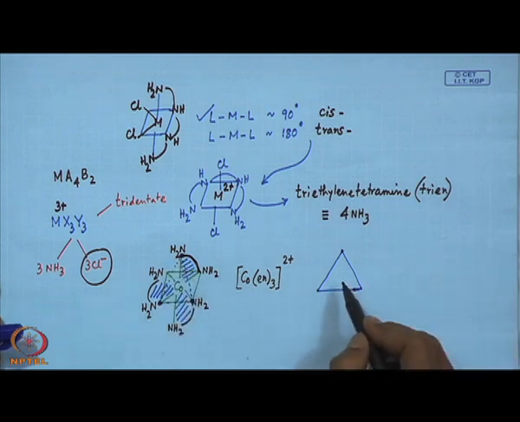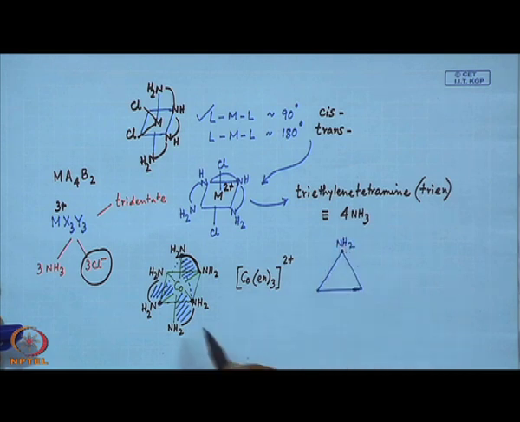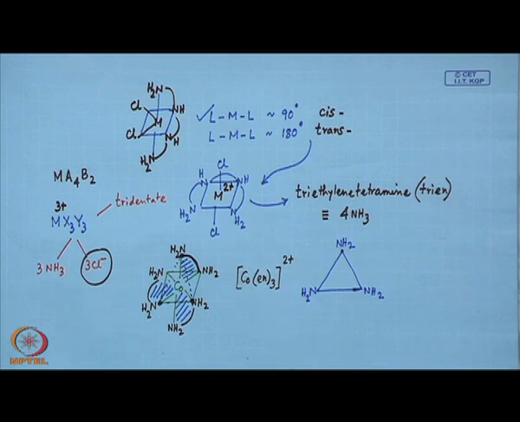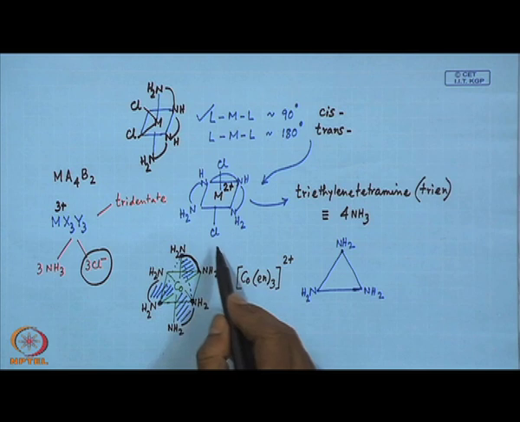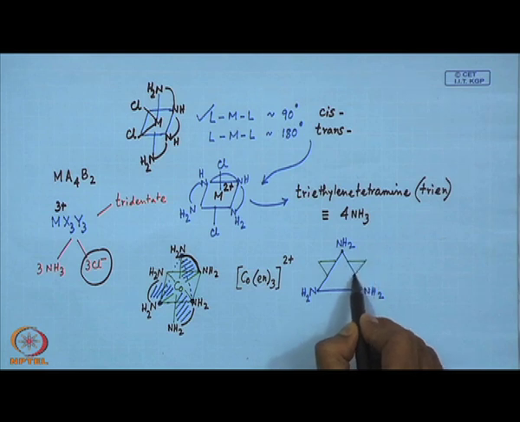So, we have NH2, this NH2 and the other NH2 from there. Now, we have the other face, that means this NH2 and this NH2 from the other side. So, we can draw the other 3 faces like this.